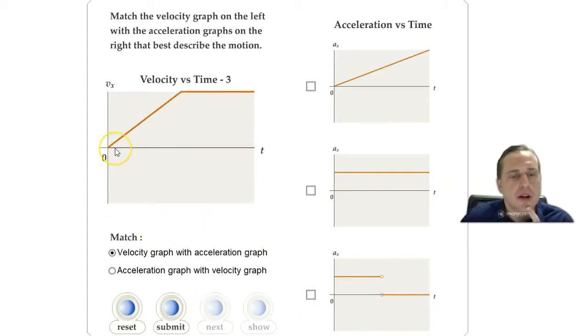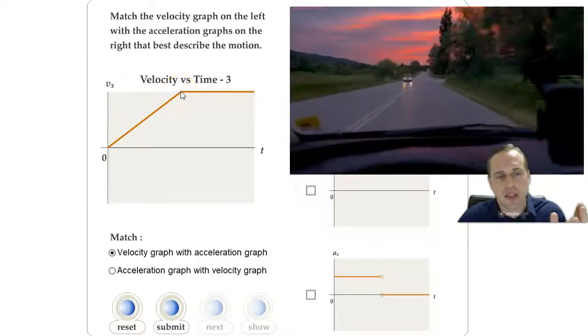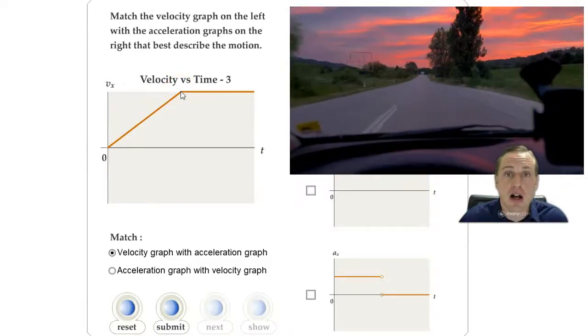How about this one? Constant slope, where the velocity increases with time, and then constant velocity. So let's think. If there's a positive slope, there should be positive acceleration, but then when we move at a constant velocity, there should be no acceleration. So I think this is like a car that speeds up from a traffic light to this point and then moves at roughly a constant speed.